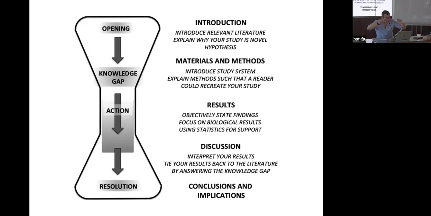There is a drawing with a certain scheme. It's a graphical representation of the extension of the sections that you include in a paper. It has a funnel shape: it starts wide, then it narrows down, and then it widens up again. So a paper should be like that.